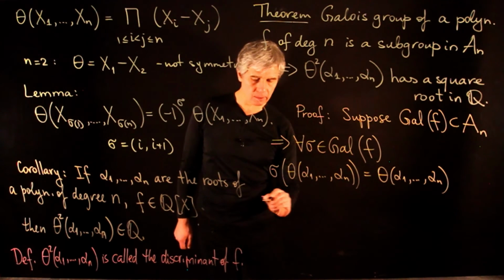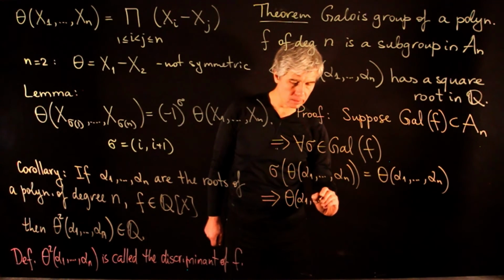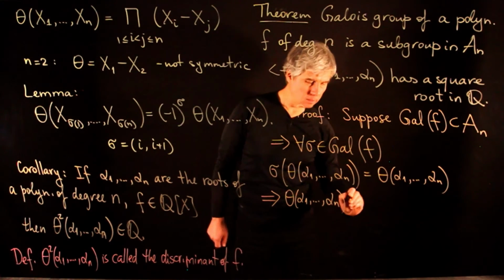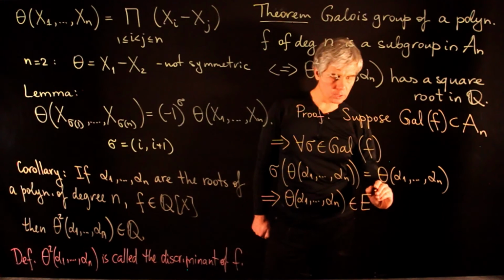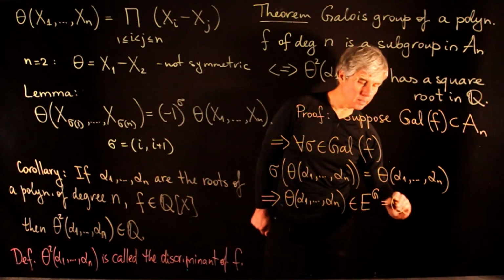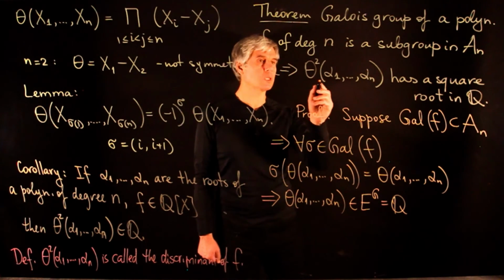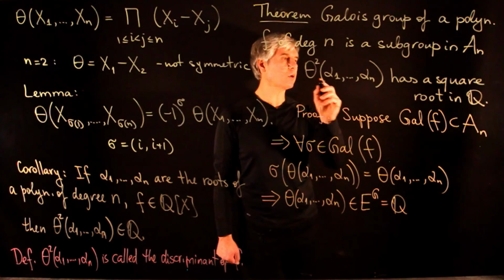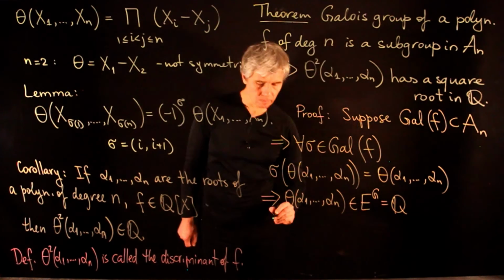And then this tells us that theta of alpha 1 through alpha n belongs to the subfield in E which is fixed by the Galois group. And by the Galois correspondence theorem, this is the field of rational numbers. So this shows that the discriminant theta squared has a square root in the field of rational numbers.